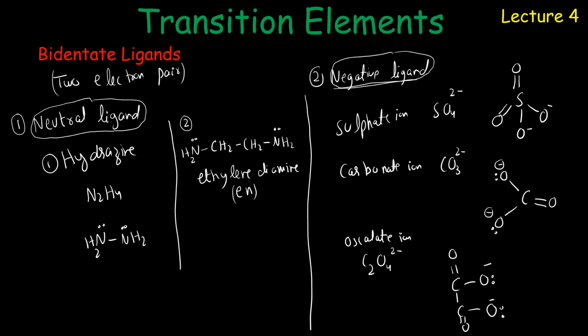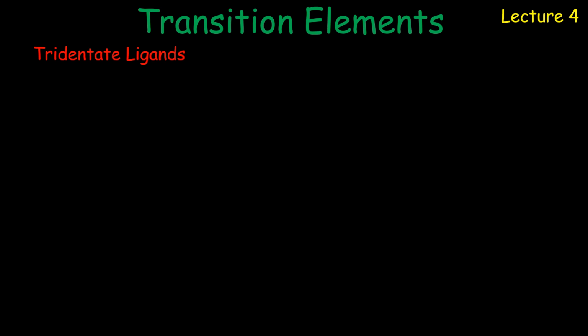pairs. Now the next type is tridentate ligand. These are the ligands that donate 3 electron pairs to the central metal atom or ion. We have an example of a neutral ligand which is tridentate, named diethylene triamine.